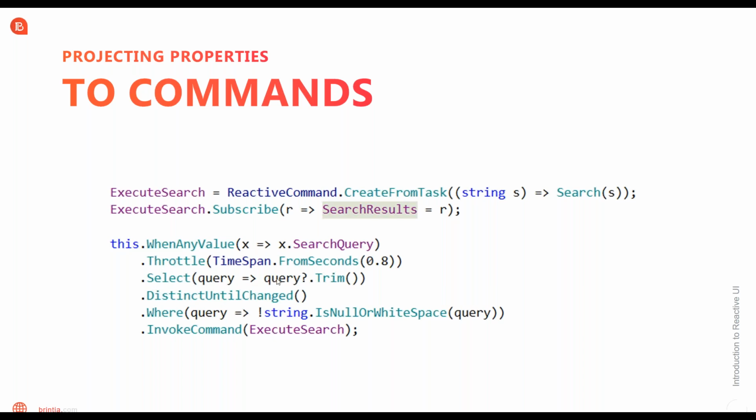We will select the element, but only the trim. We are converting the query, the item. We will trim it, and the trimmed element will be the input of the distinct until change.